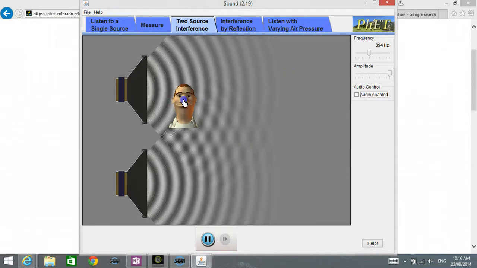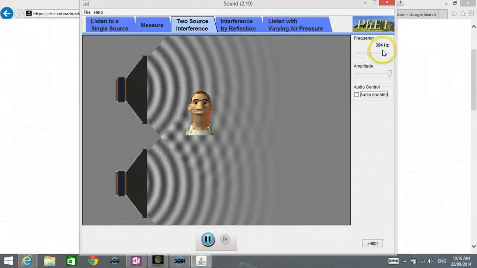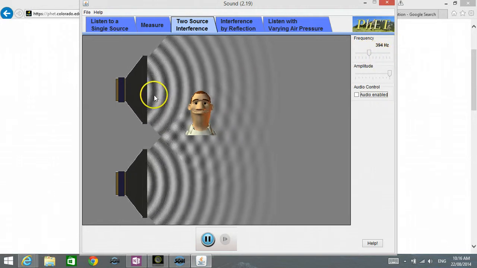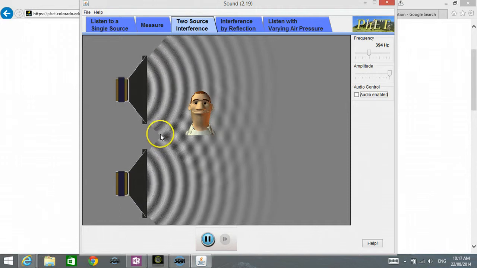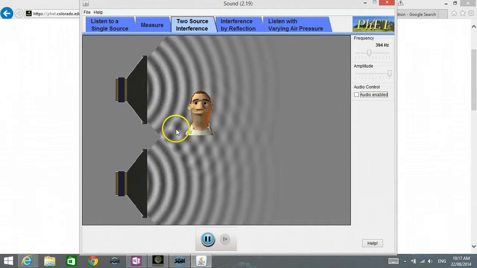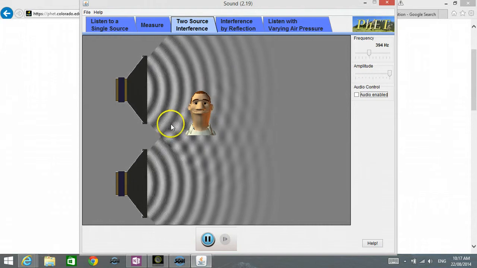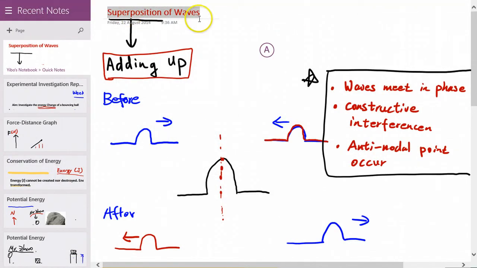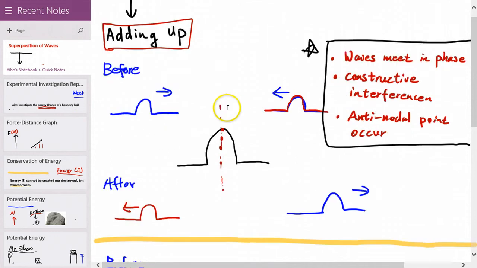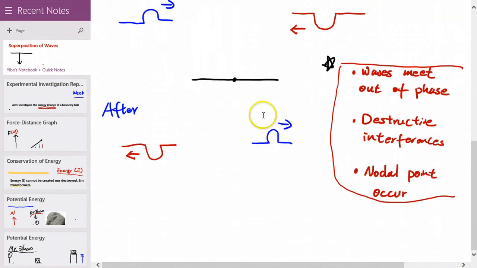So here is a simulation. I have two speakers. They play the same frequency of sound. The sound waves from those two speakers interfere. As waves interfere, we have a superposition of waves. Therefore, constructive interference and destructive interference occur.